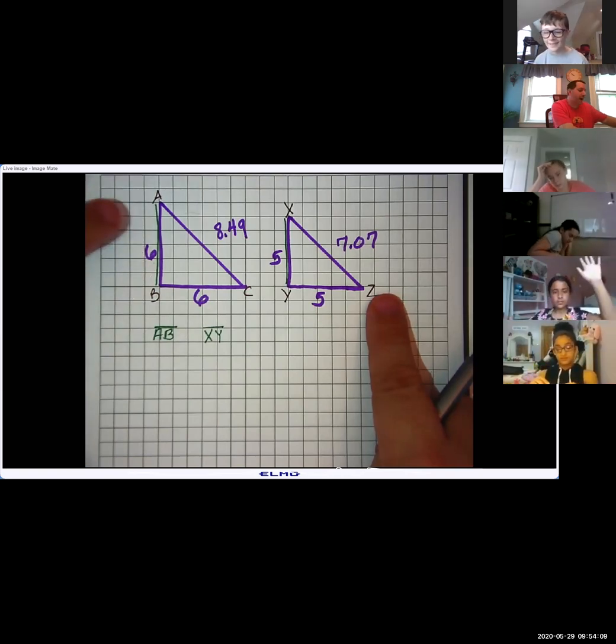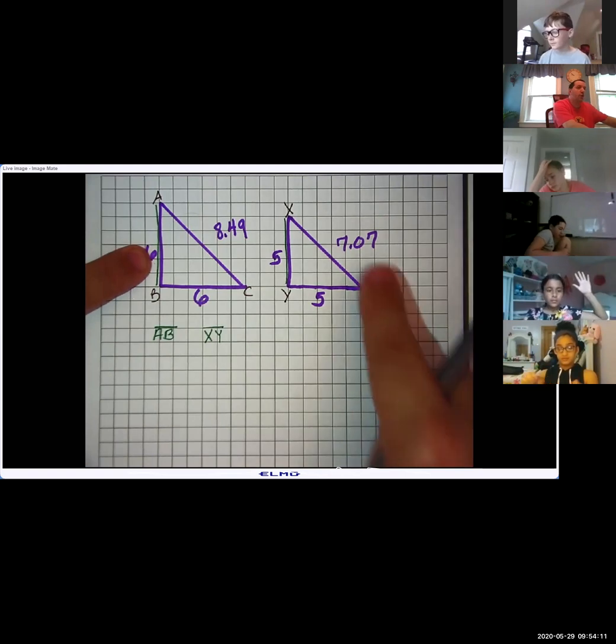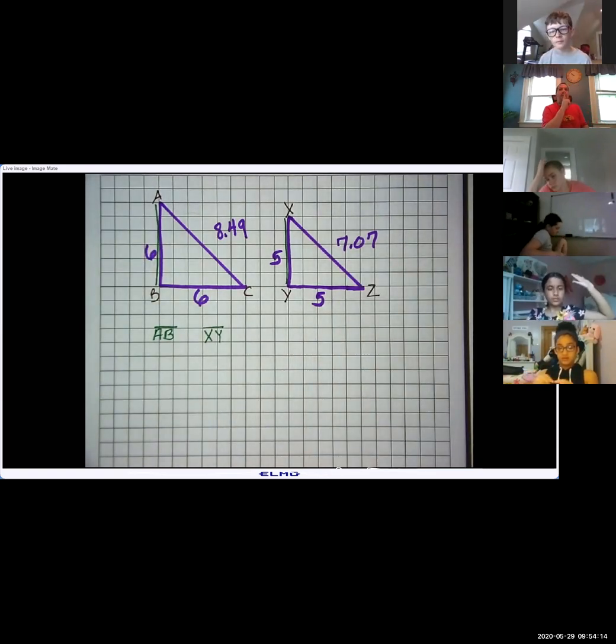Can Nick compare AB to XZ? Reba? No, because you can't compare two different sides because they have different sizes. Why are they different? Because they're a different part of the triangle.